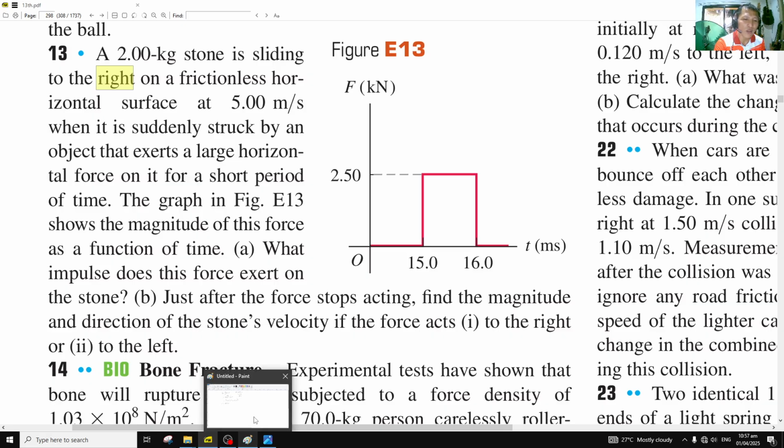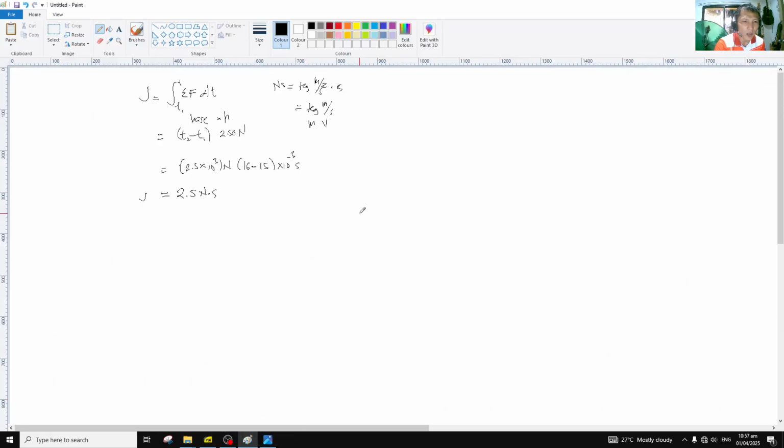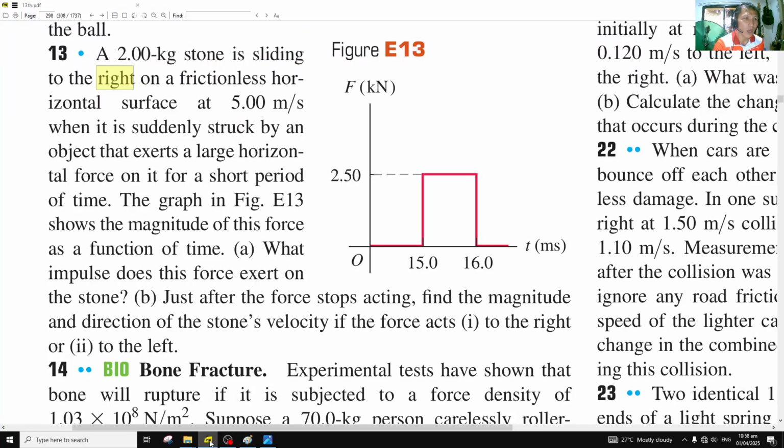This was the last solution: 2.5 Newton second is the impulse. Now we can use J equals the change in momentum, P2 minus P1. P1 is the momentum before the impulse was applied, so the stone was moving at 5 meters per second.